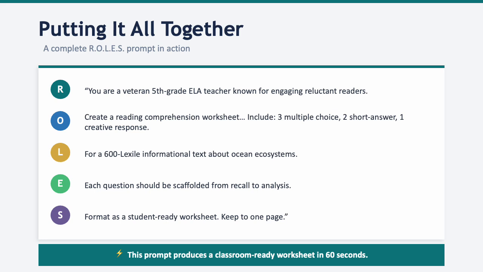Each question should be scaffolded from recall to analysis. Format as a student-ready worksheet with clear numbering and space for written responses. Keep the total worksheet to 1 page. That prompt will produce something you can use tomorrow morning, and it only took 60 seconds to write.